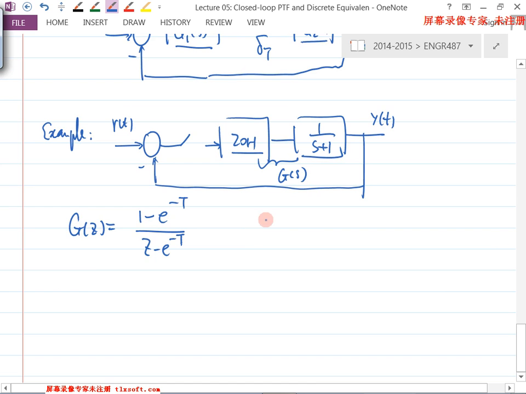So what we're looking at is this one. Put them together, and this is what we get.